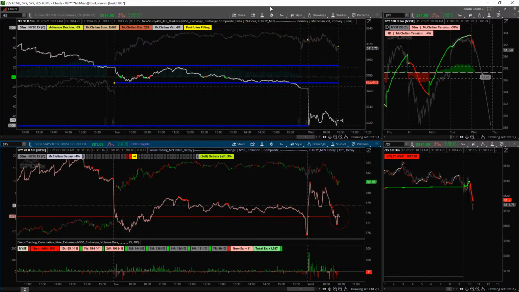If you think about it, let's say our first premise is the bears are doing well, bears have a check. And the second premise here is the bulls are failing.